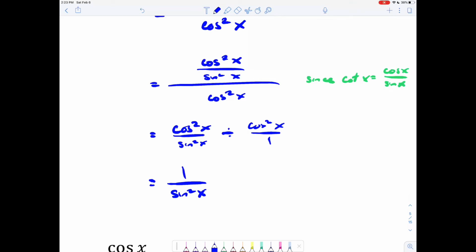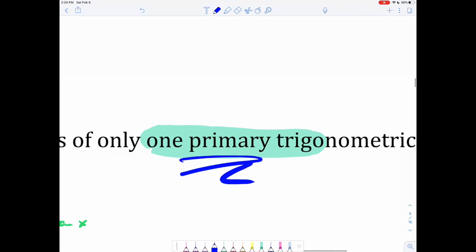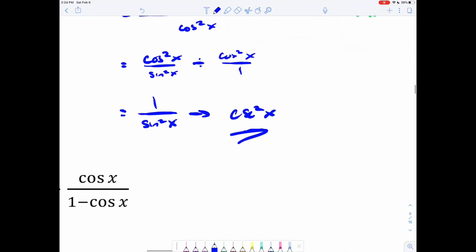And yes, we could convert this into cosecant squared x, but the thing is, that's not a primary trig function, and we were specifically asked for a primary trig function, so sine, cosine, or tangent. So we don't actually want cosecant x there. We can leave it as 1 over sine squared x, because that is a primary.